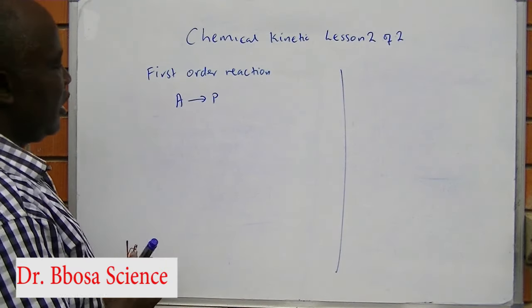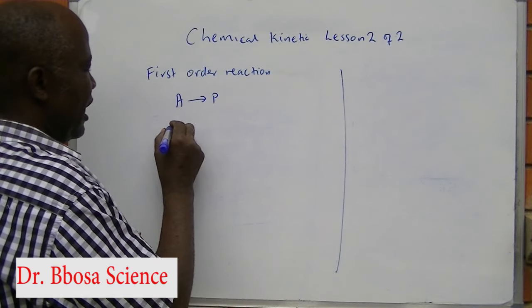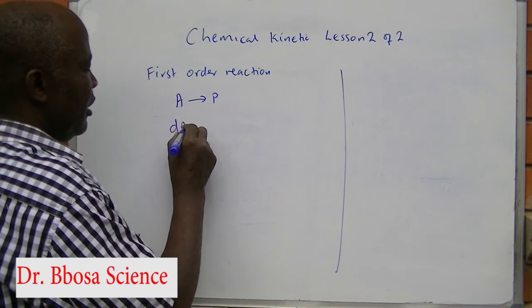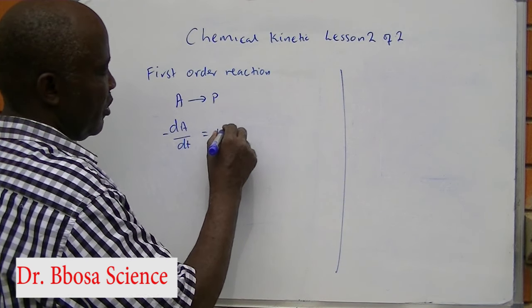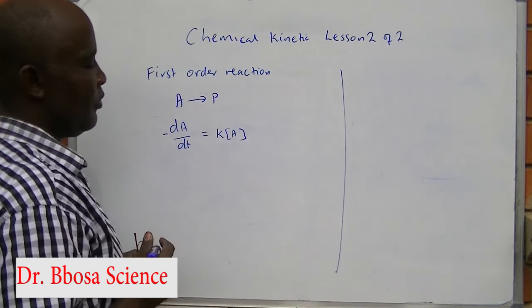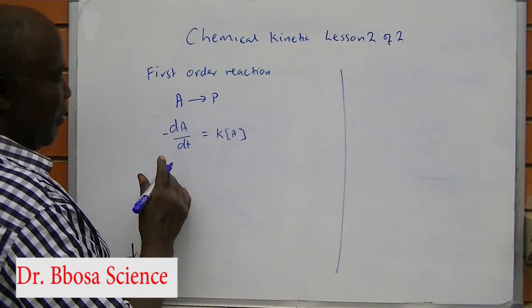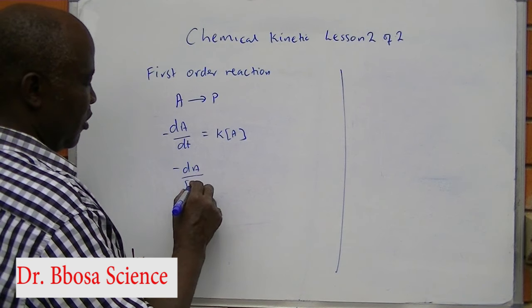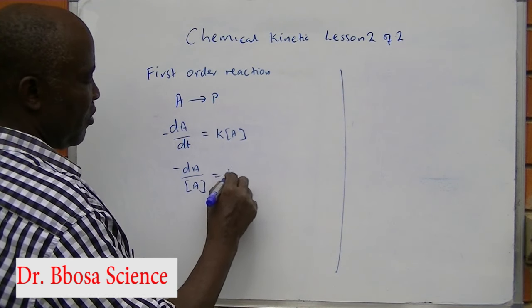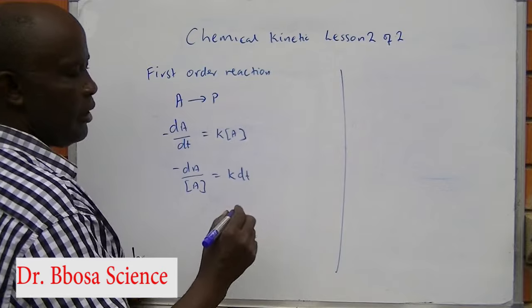Secondly, we can express the rate as negative dA over dt. This is equal to K into concentration of A. Collecting like terms, we can say that negative dA over concentration of A will be equal to K dt.